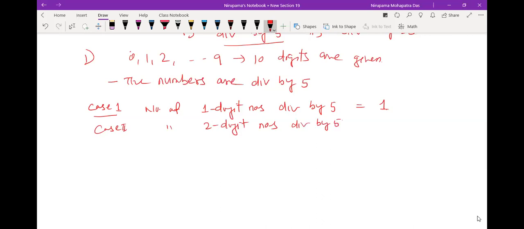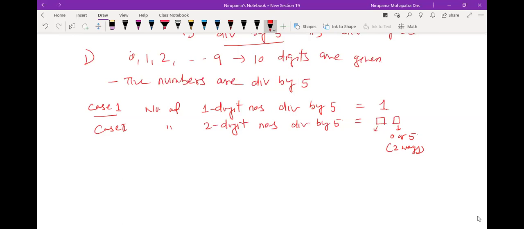Whenever you have 2 digit numbers divisible by 5, here you can have 0 or 5, any one of the two. So for these, two different ways. Now how many do you have? 10 digits are there, no?